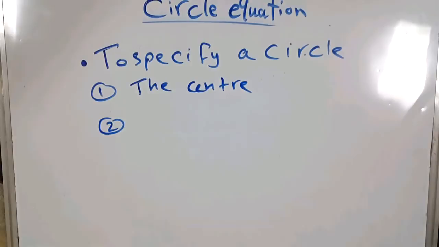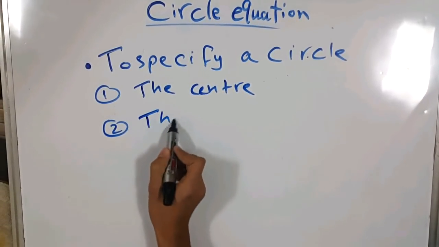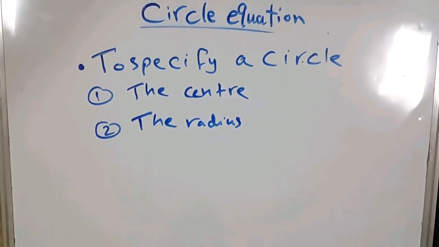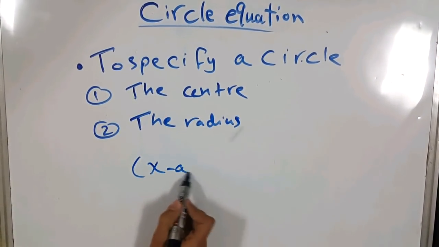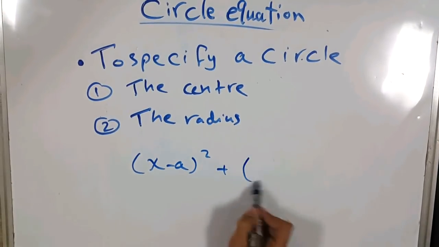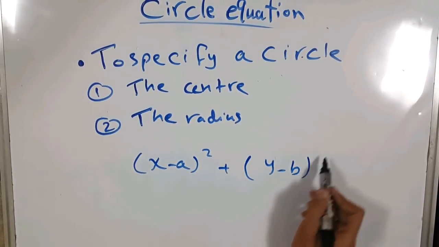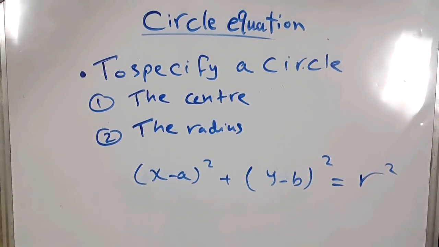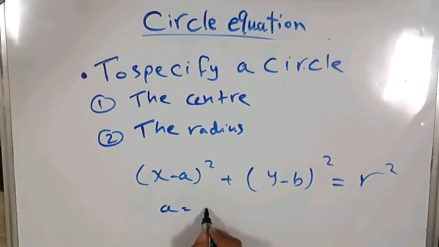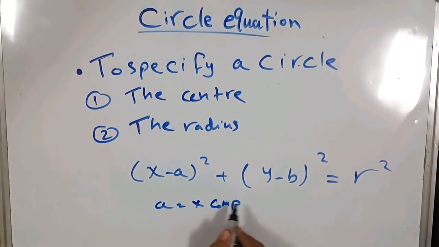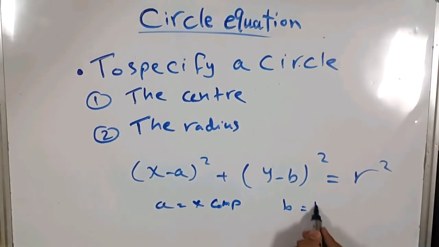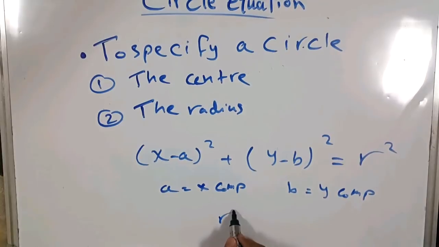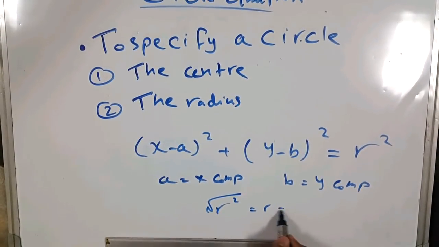And number two, the radius of the circle. And we have here the general formula, which is (x minus a) squared plus (y minus b) squared equals r squared. Here a is the x component and b is the y component. And of course, to get the radius, we take the root of r squared. r equals the radius.